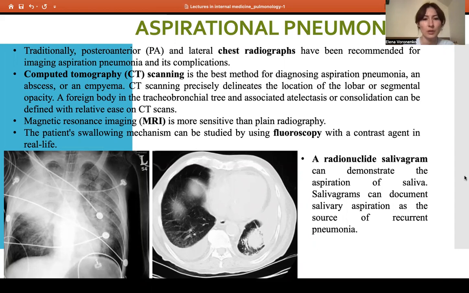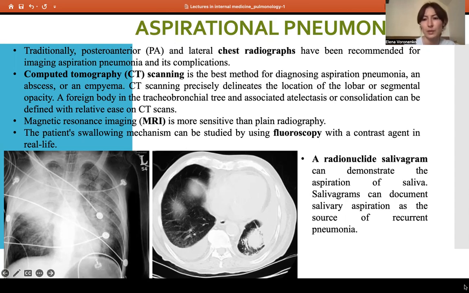Magnetic resonance imaging is more sensitive than plain radiography. The patient's swallowing mechanism can be studied by using fluoroscopy with a contrast agent in real time.